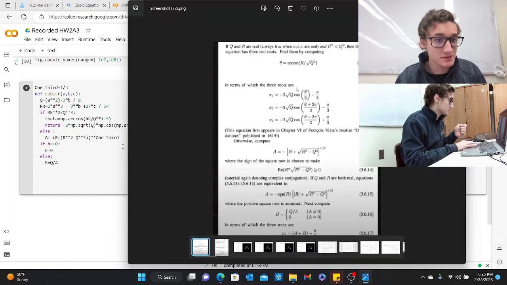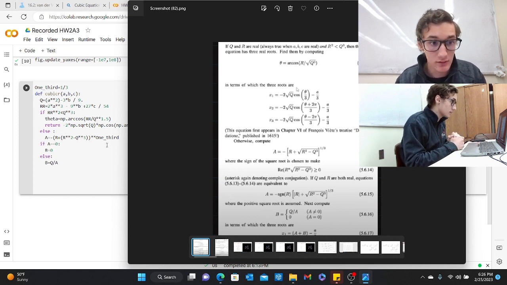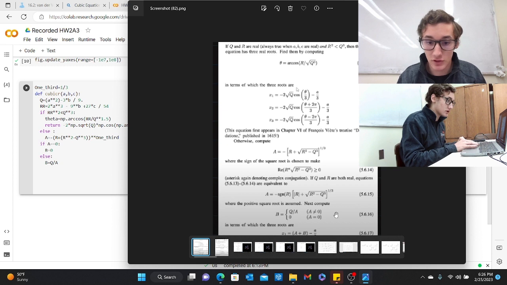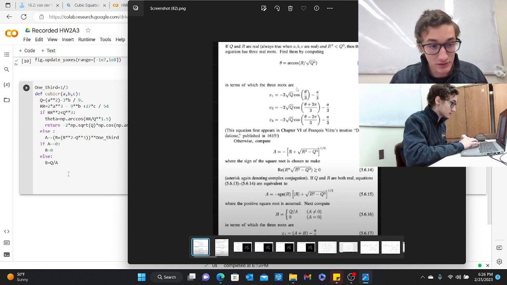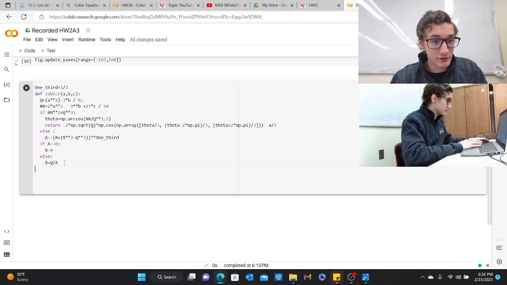Again, I think this could probably all be done in one line, but this might be easier for me. And we want to return, because we're doing this if r squared and this isn't true. And so now we're going to say our only true root, so now we're going to return again.